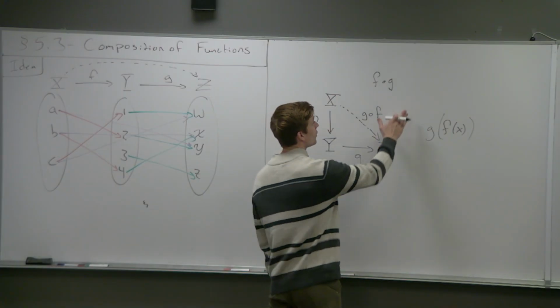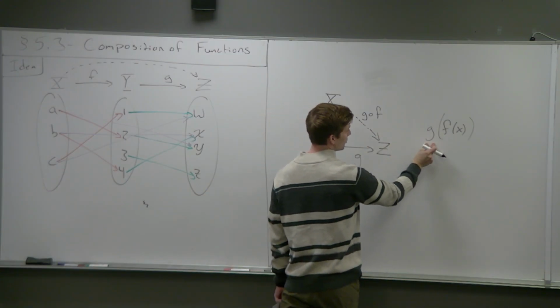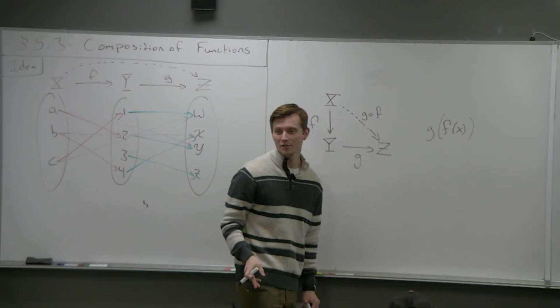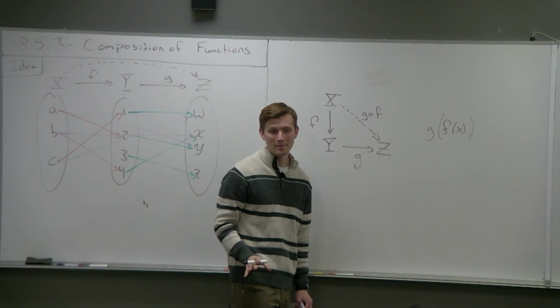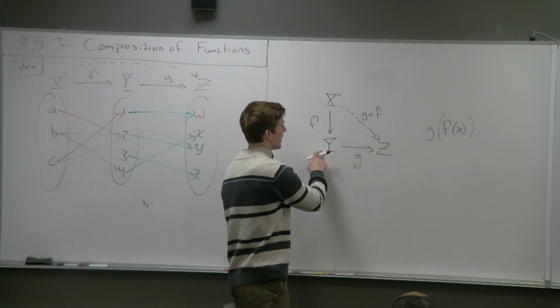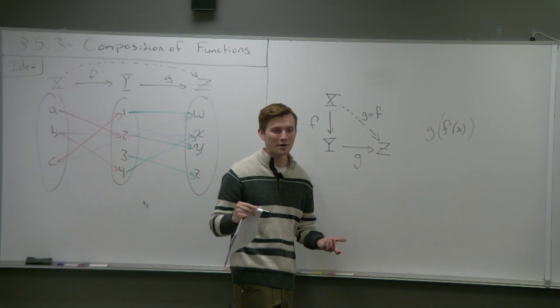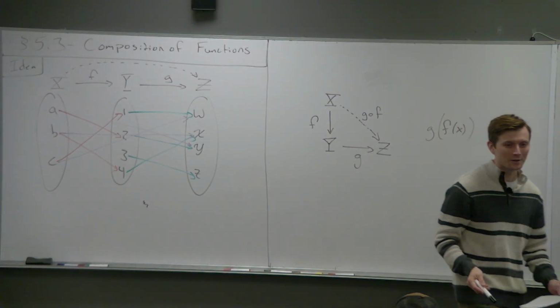So we'll use the convention that g circle f means do g to the result of f. Cool? Does this idea make sense of how you could go from one thing to the next and then one further? Everyone can follow instructions, can use Google Maps, right?